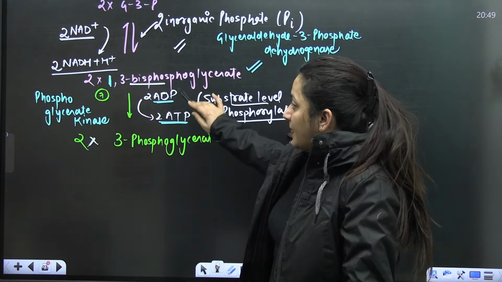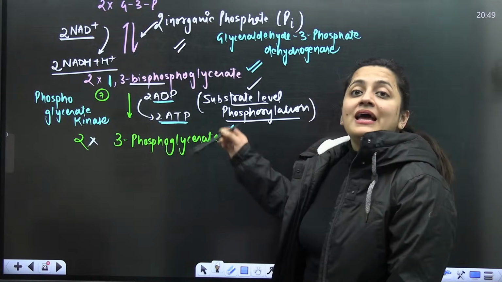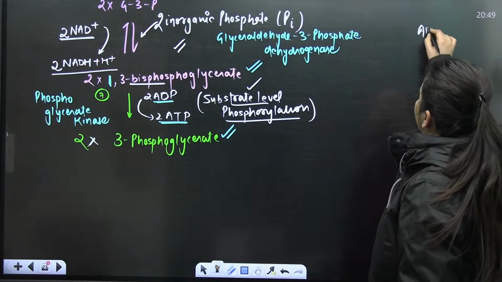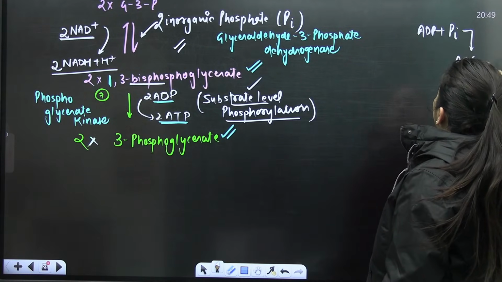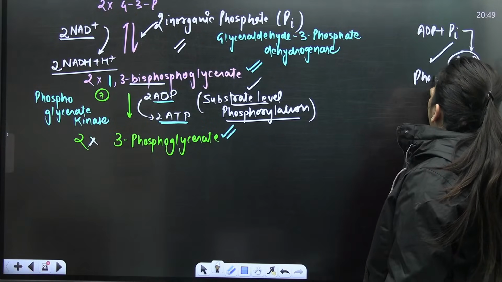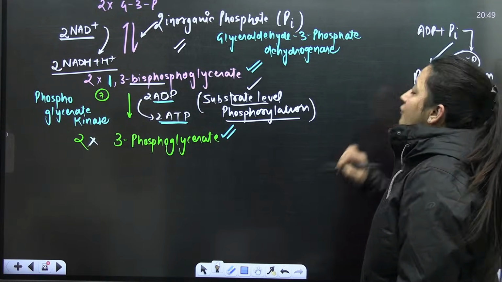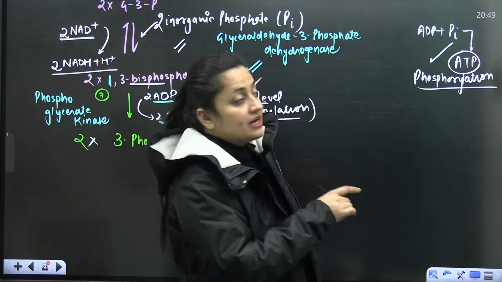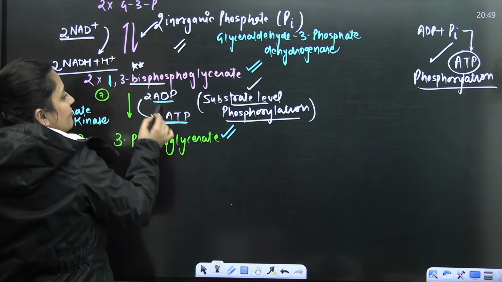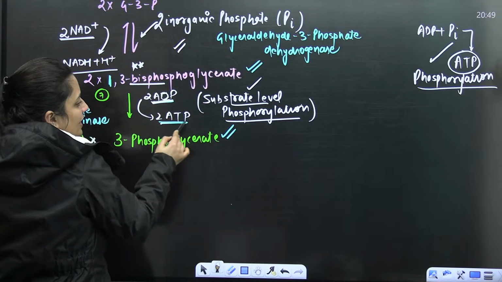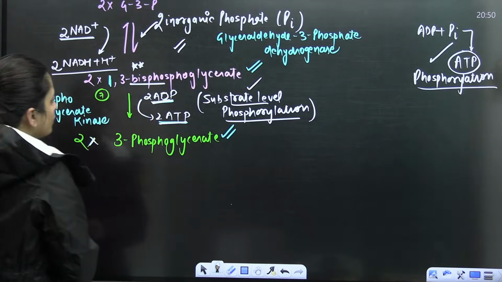When a phosphate is added to ADP and you get ATP, this is what we call phosphorylation. Now, substrate level: here the substrate itself is giving this phosphate to the ADP, and you are getting the ATP. So it is substrate level phosphorylation. Are you getting my point?